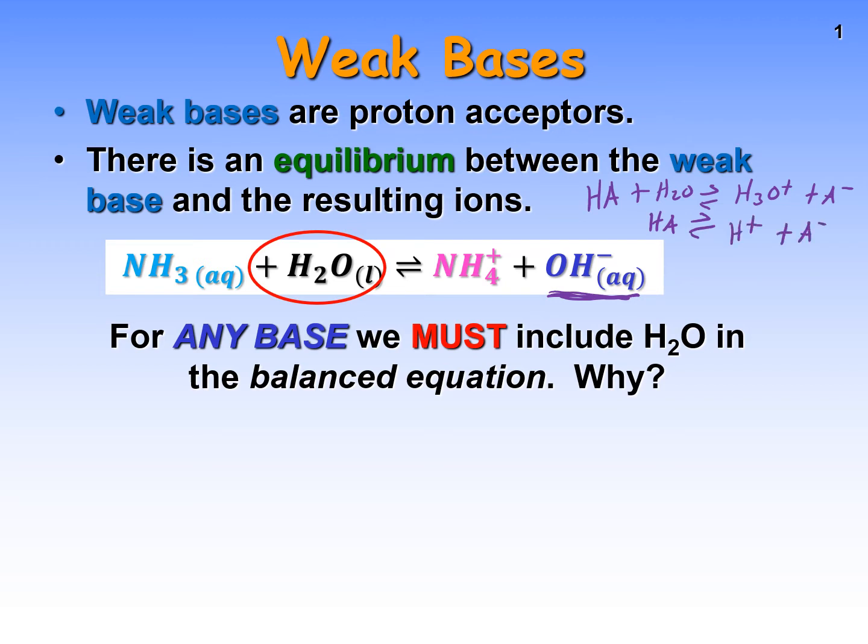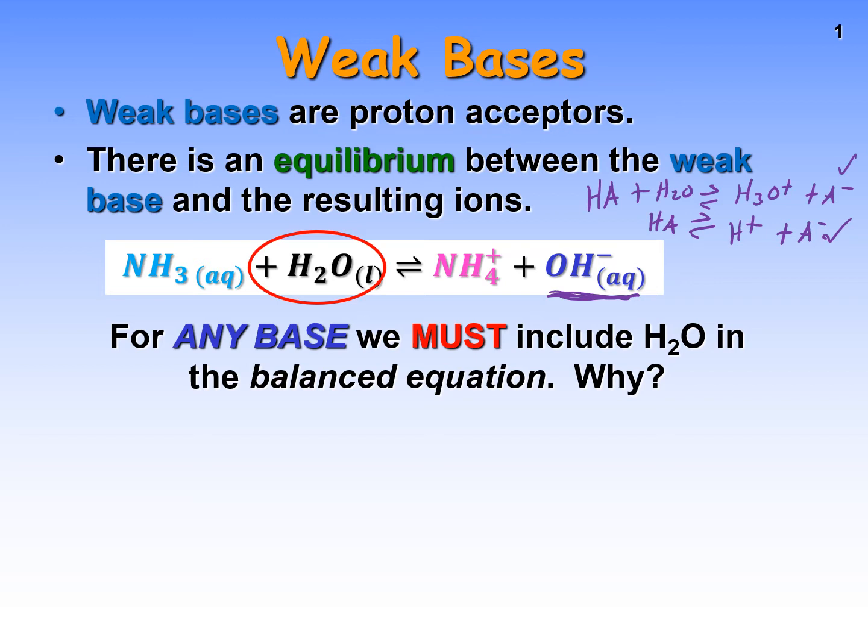H3O plus and H plus are really identical substances, and we can totally write this like this or like this. We can't write that for bases. Bases have to have water in their dissociation equations.